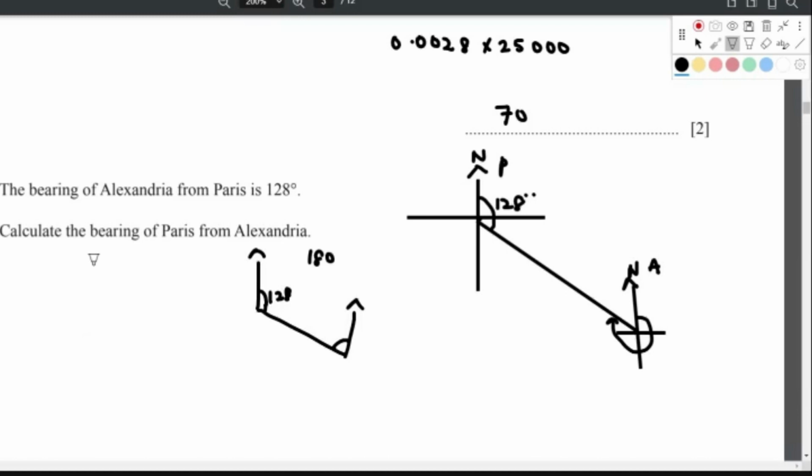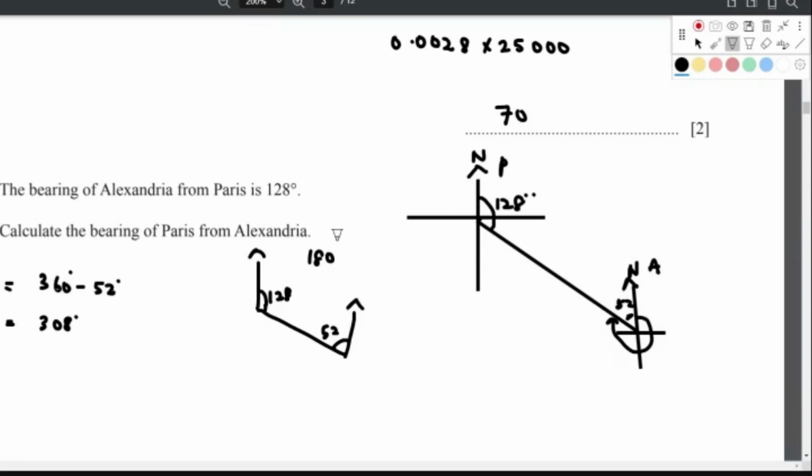So 180 minus 128 should be 52. So we know this angle here is 52. So the entire bearing for this should be 360 minus 52, which would be 308 degrees.